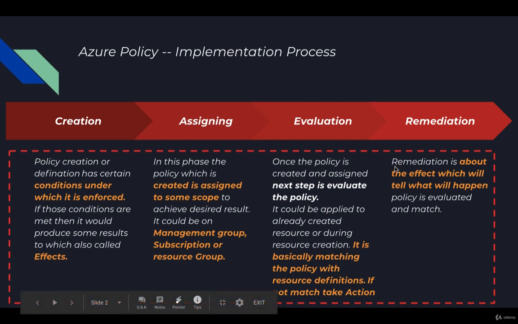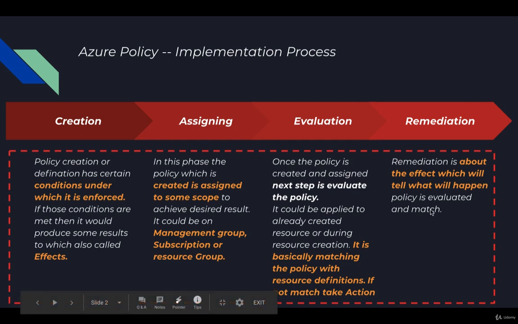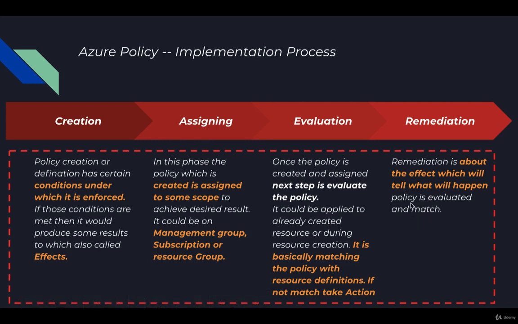Then the last step is the remediation. Remediation is the effect, which tells what will happen when the policy is evaluated and matched. The effects behave differently depending on whether they are for new resources, updated resources or existing resources. Each and every policy definition in Azure has a single effect, which we'll discuss in the upcoming slides, and that effect determines what happens when the policy rule is evaluated to match.